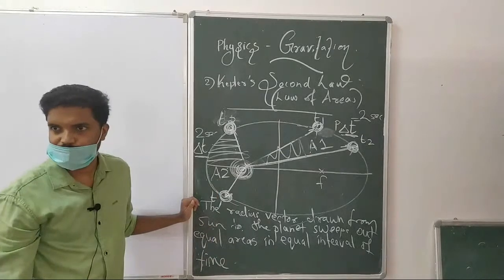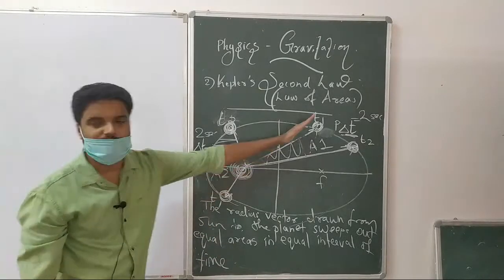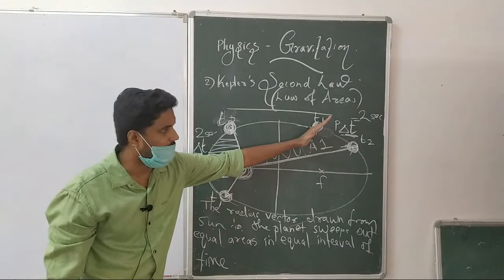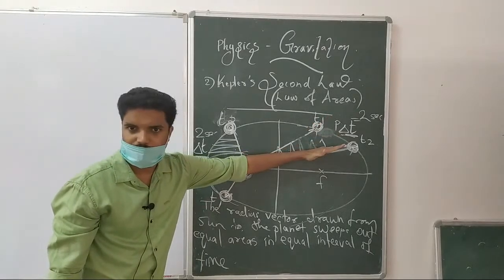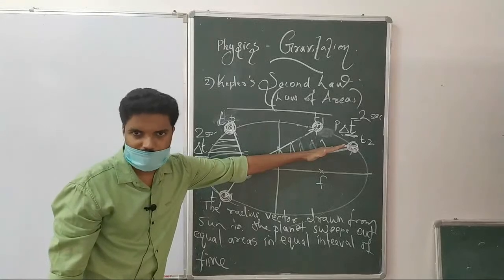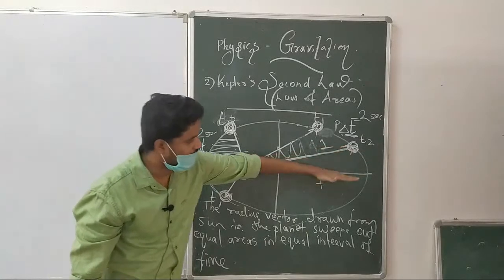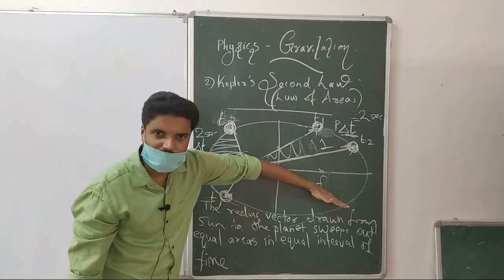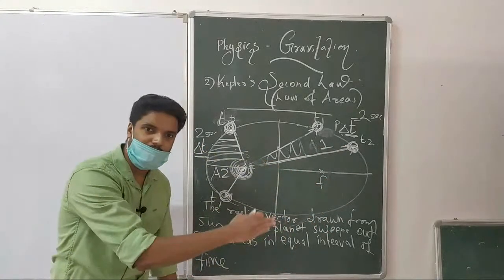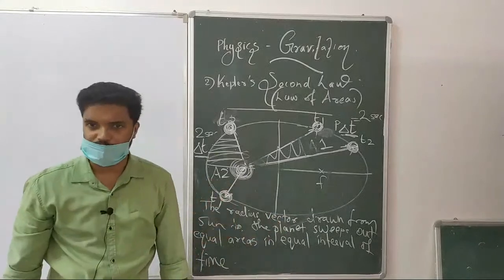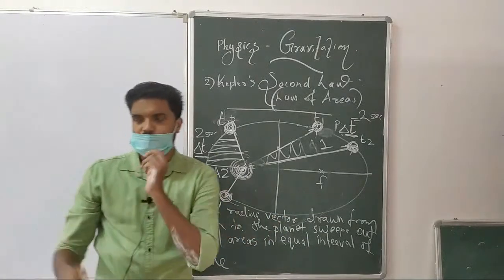This is the law. Understood? The radius vector drawn from the sun to the planet sweeps out equal areas in equal intervals of time. Say 2 meter square or 5 meter square. Here this much, again 5 meter square, again 5 meter square, like that, sweeping out equal areas in equal intervals of time.